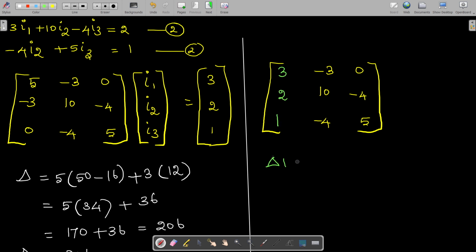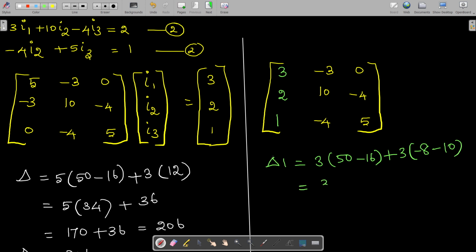Now we can find out this determinant value. 3 into 50 minus 16, 4 into 4, okay, minus of minus 3 plus 3 into, here it is 4 into 2, 8, minus sign is there, so minus 8, then 1 into 10, minus 1 into 10 is 10, then we have the 0, so it is 0.